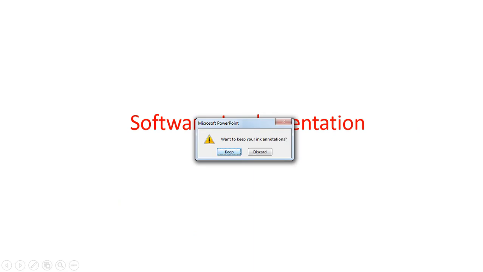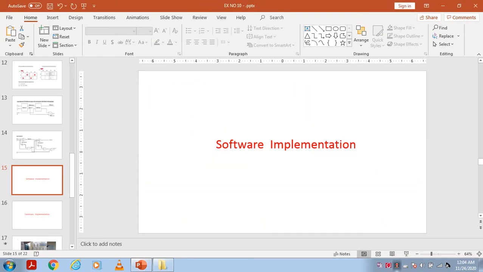The next one is software implementation.